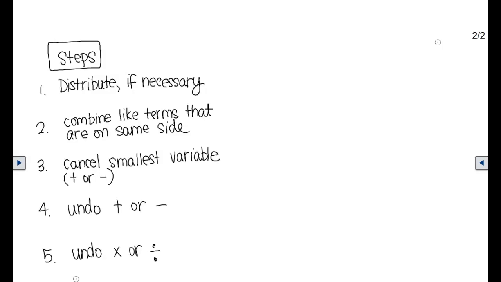Now, you know, early on, we spent an entire week doing nothing but distributive property. And then we spent an entire week doing nothing but combining like terms. So those two concepts should be familiar to you. If they're not, if you've forgotten how to do it, you have videos in Schoology that you can go back and watch to help you with that.